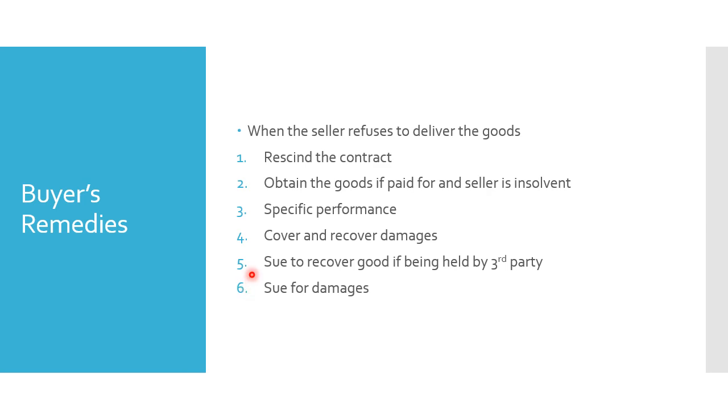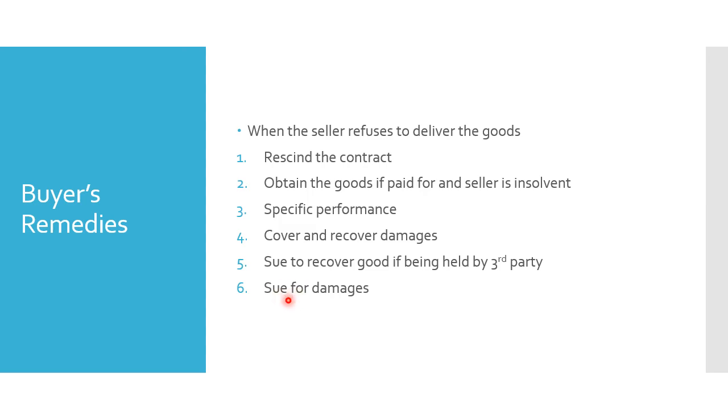I needed 500, and so when the poultry farmer doesn't show up, I call another poultry farm, but they're only able to deliver 200 chickens and at a higher cost per chicken. Well, the higher cost is a compensatory damage because it cost me more to get some of what I contracted for. And I've only got 200 chickens.